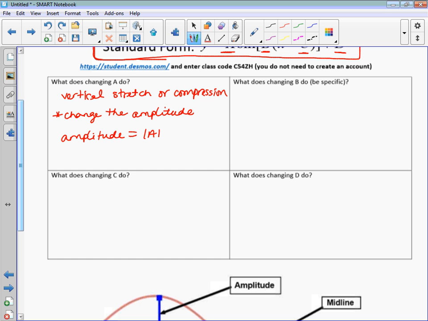You can change it so it'll repeat every pi or every 8 pi. We can mess with how long it takes to repeat. So this changes the period. So to calculate the period, it's always equal to 2 pi divided by b.